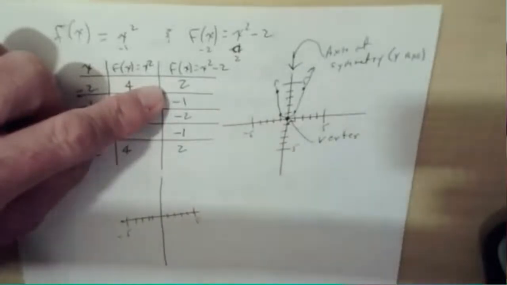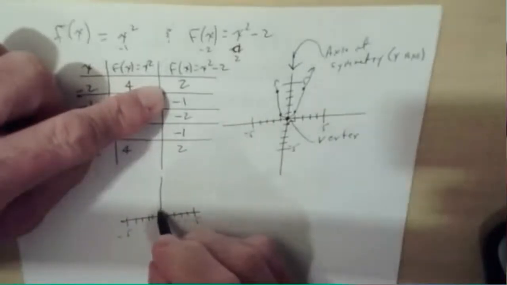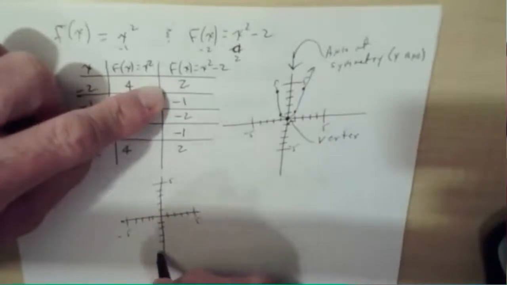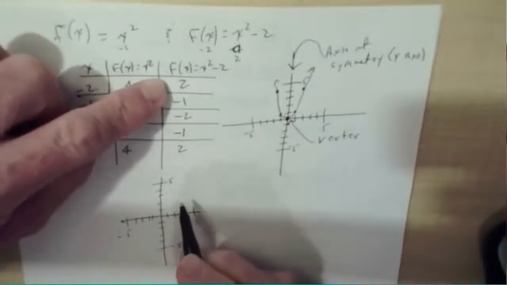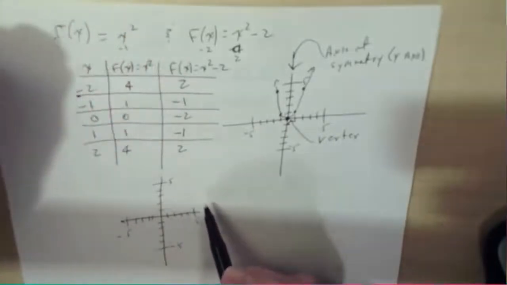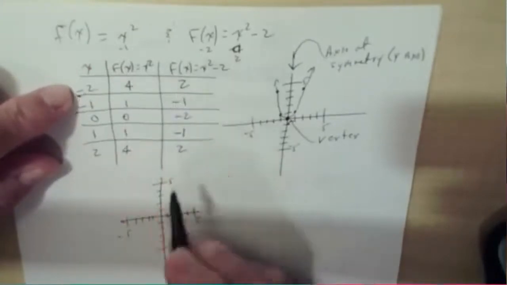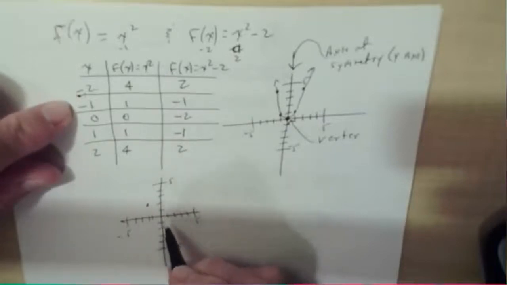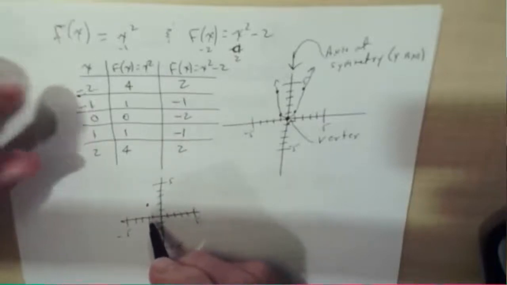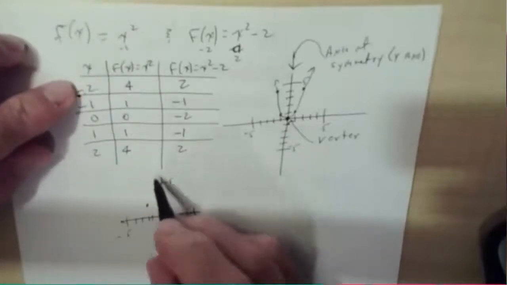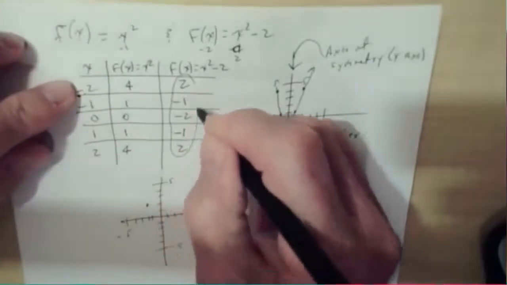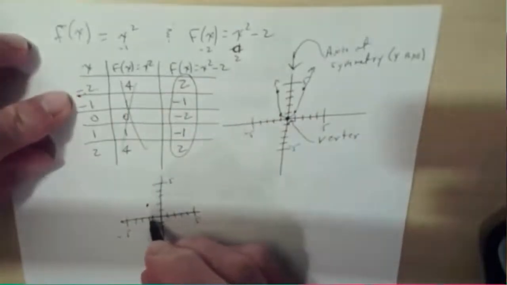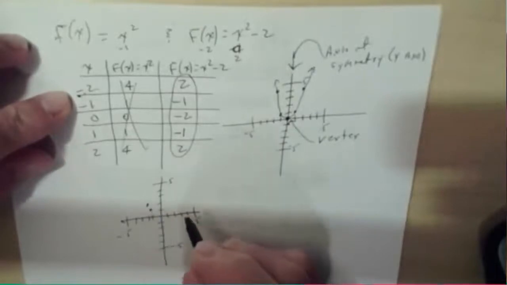Okay, now this one. So we have negative 2, 2. Negative 2, 2 is about here. Negative 1, negative 1 is here.